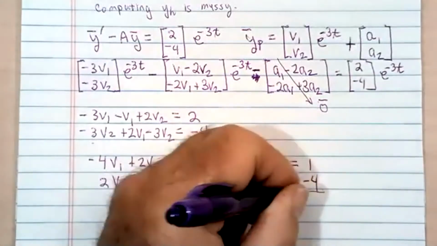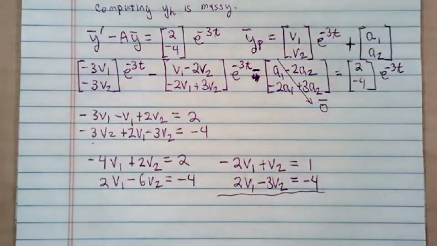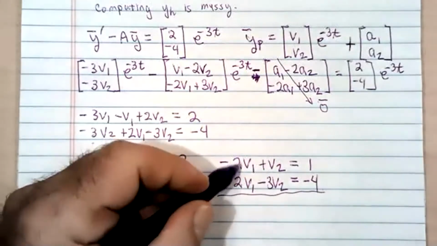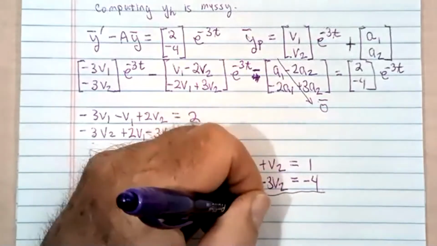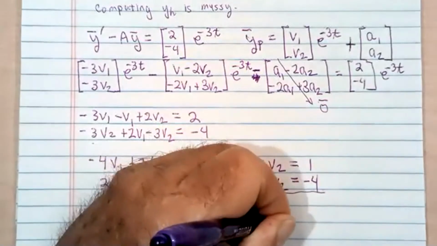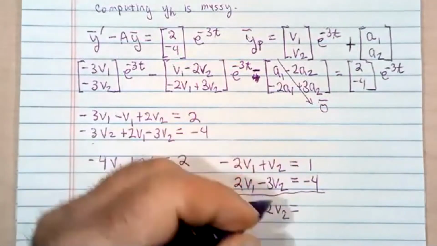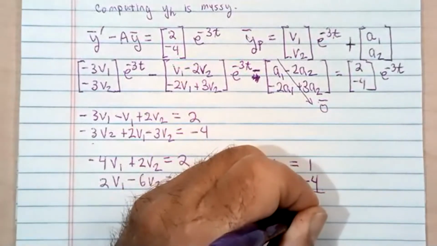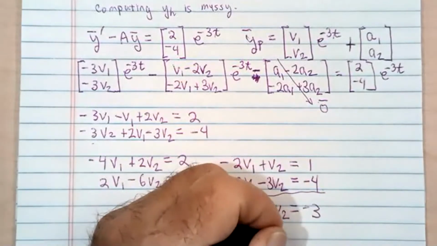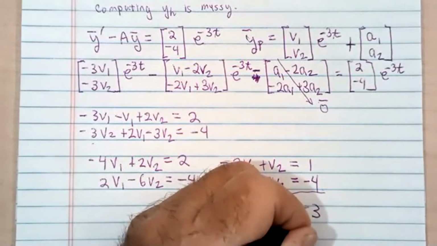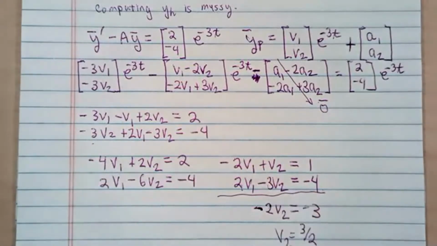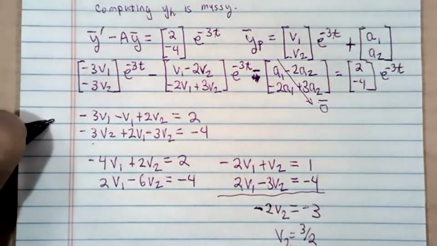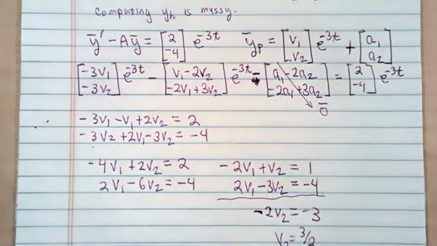Now, when I add those up, v1s add out. I got minus 2v2 equals minus 3. So v2, I get 3 halves. I see you working with the calculator.